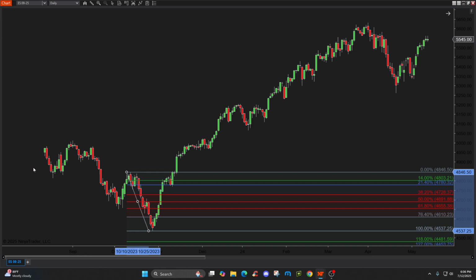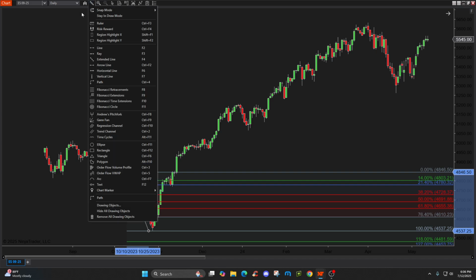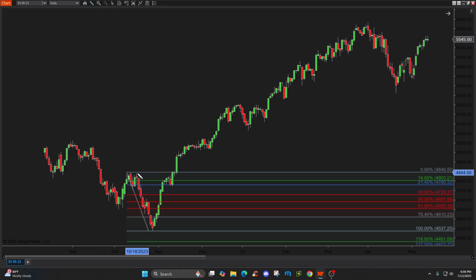So at this point, when we got down here and we started going up, maybe we had an indecision candle, something like that. The way that Josh teaches to trade Fibonacci's is with trend line breaks.